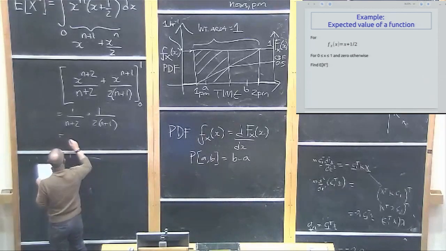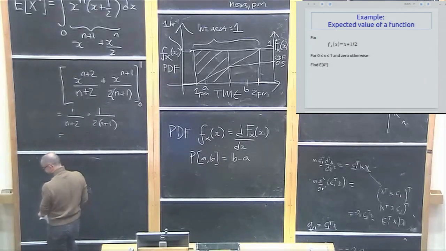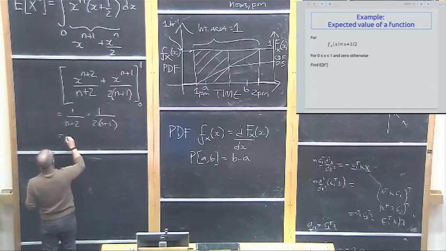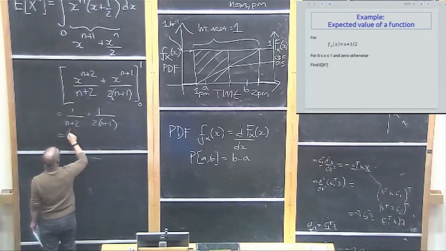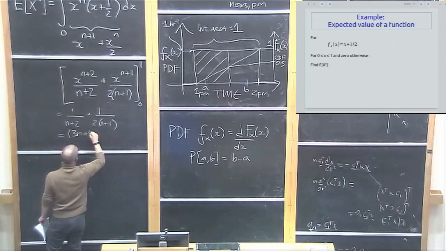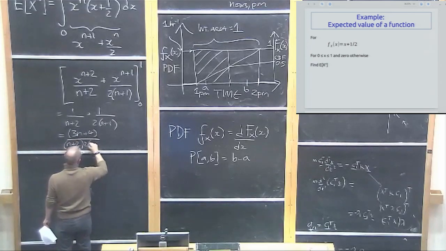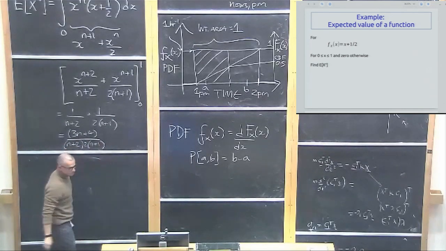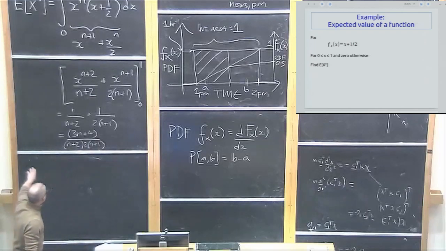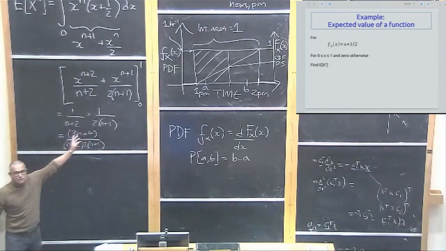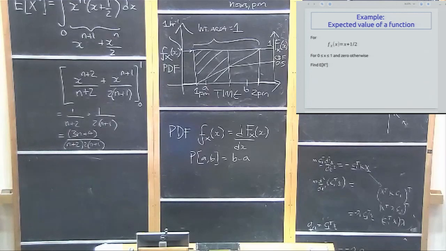Which you can straightforwardly rearrange to give you 3n plus 4 over n plus 2 times 2n plus 1. So that is the mean value of the function x to the n when my probability distribution is in the range 0 to 1 and has the form x plus a half.